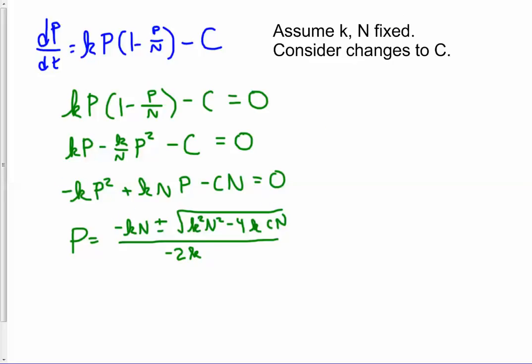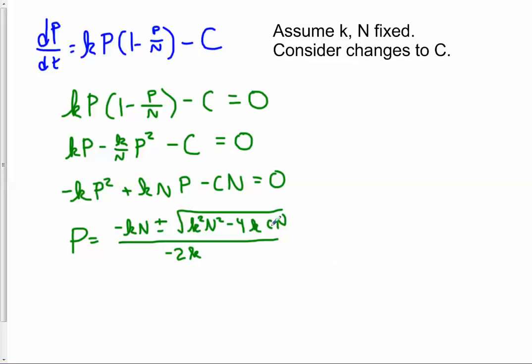All right. Now because we have a square root, we are going to have potential for bifurcation, because depending on what's under the square root, we may get 0 or 1 or 2 solutions, right? So we want to take each of these in turn.